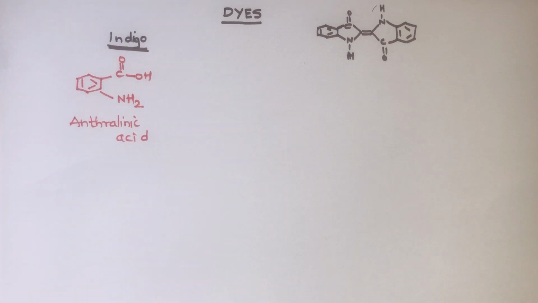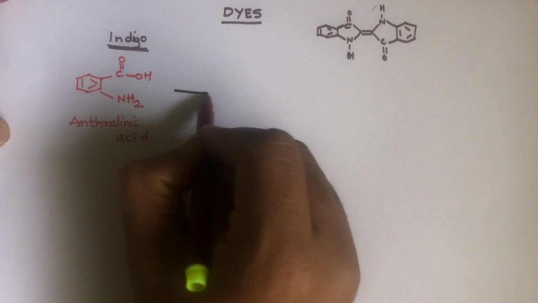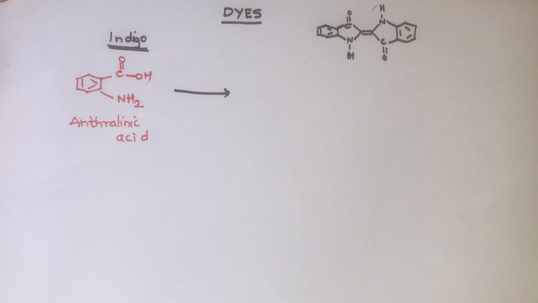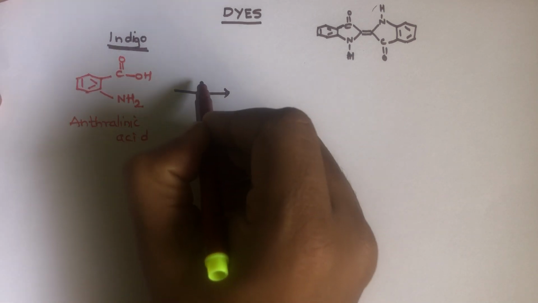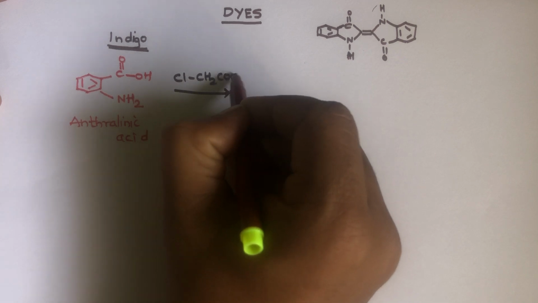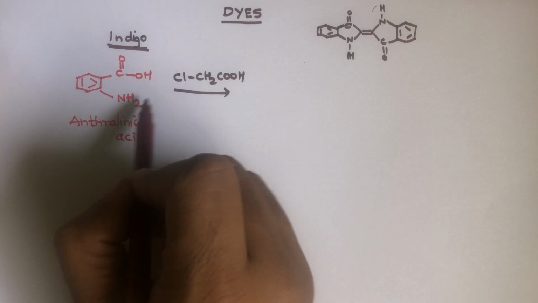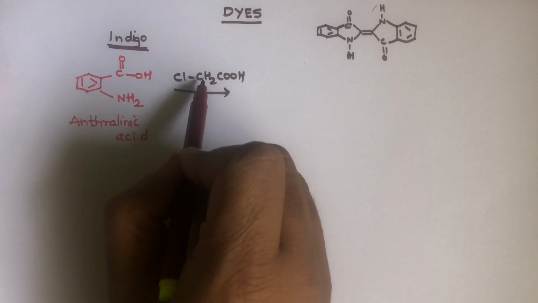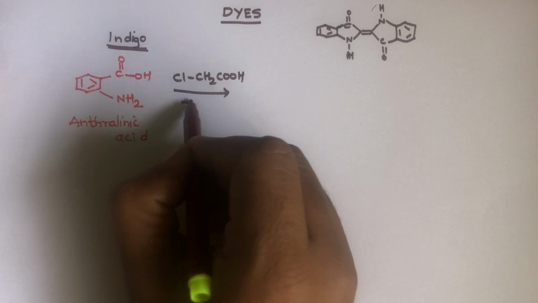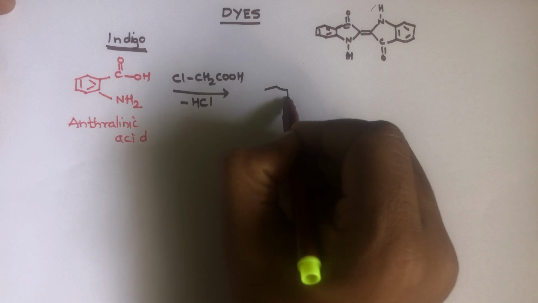This anthranilic acid is treated with chloroacetic acid, Cl CH2 COOH. When it is treated with chloroacetic acid, this nitrogen attacks this carbon and H and Cl go off, that is minus HCl. It results in the formation of this compound.